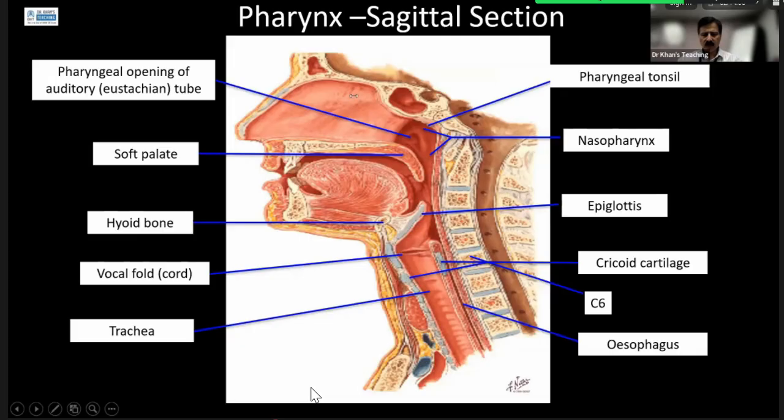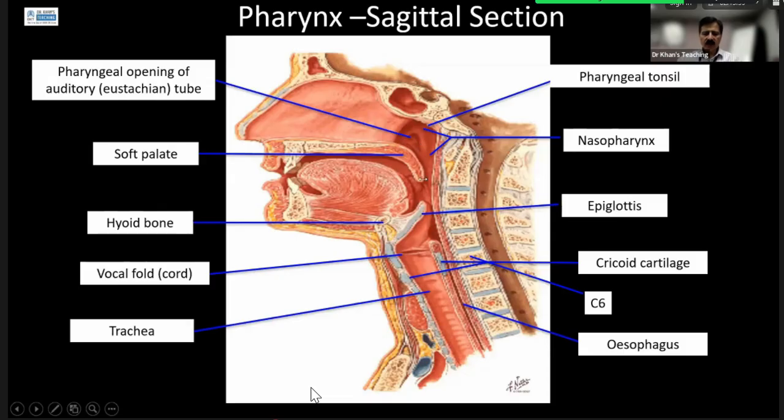Now, first of all, please remember the nasal cavity is sitting here. So this is the palate. There is a hard palate and a soft palate. Now, if you draw an imaginary line from here, perpendicular to the spine, superior to that will be the nasopharynx. And here there is the opening of the eustachian tube.